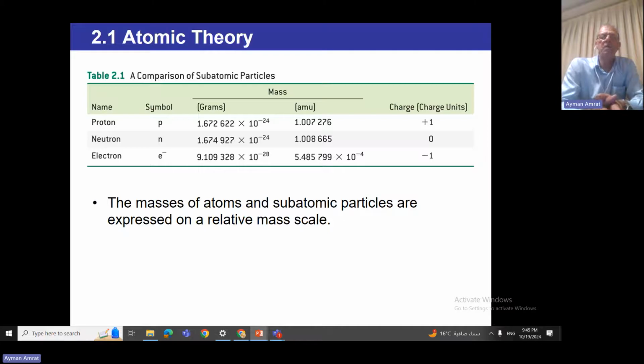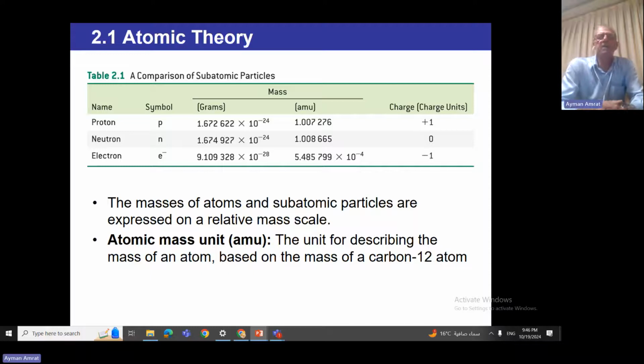The AMU is the unit used to express the mass of these subatomic particles, while the electron is 5 multiplied by 10 to the power minus 4, which is very, very small relative to the mass of the neutron and the proton, so it is negligible. The charges: the proton is positive, the neutron is uncharged, and the electron is negatively charged.